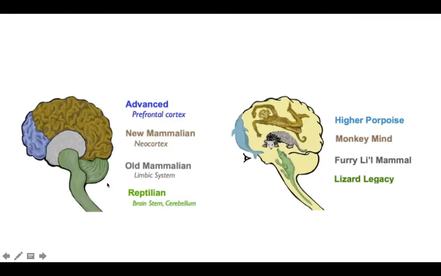Same thing again, reptilian, old mammalian in the limbic system, neocortex, and then the prefrontal cortex advanced, and you see it represented here again by the different animals.